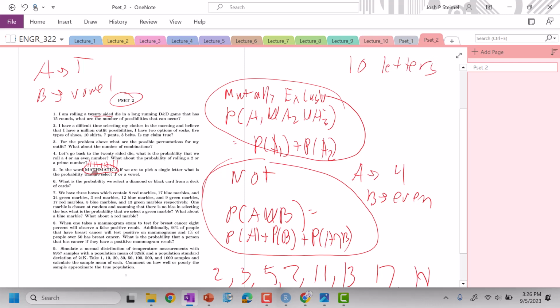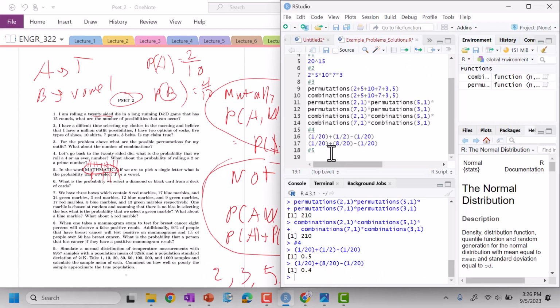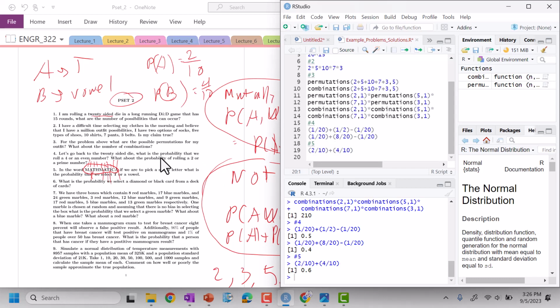Let's do the probability of T. How many T's do we have? 1, 2. So the probability of A is 2 out of 10. For the probability of B, the vowels, we have 1, 2, 3, 4, so 4 out of 10. So we can add that up: 2 divided by 10, plus 4 divided by 10. And there we go, 0.6.